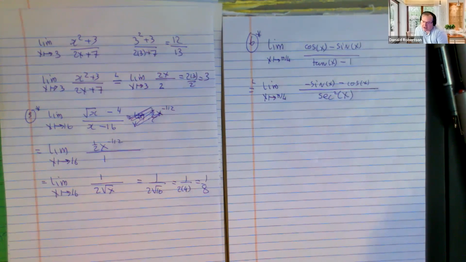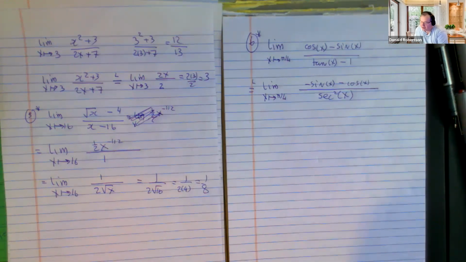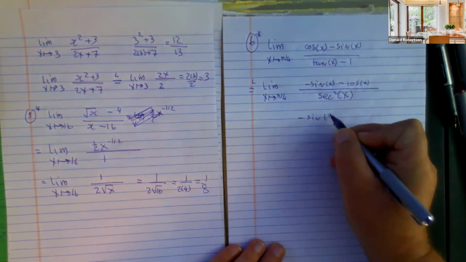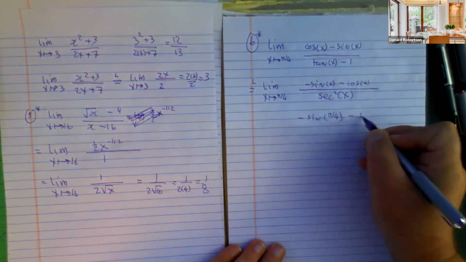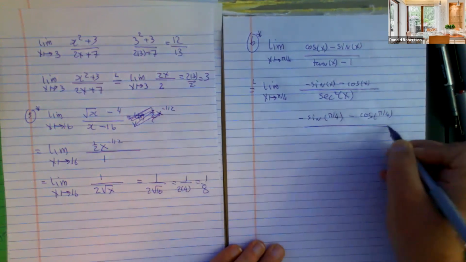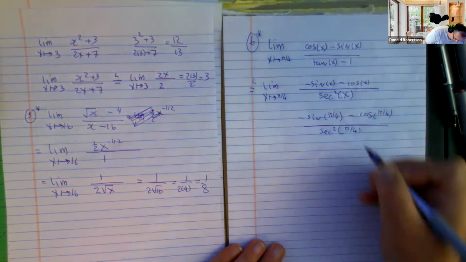The rule for it is if it starts with a C, it's negative. So tangent doesn't start with a C. If it was cotangent, you'd have a negative in front of it. Now that might look horrible, but you can actually evaluate it. I got this guy, I got this guy, all over secant squared. This guy. Okay.